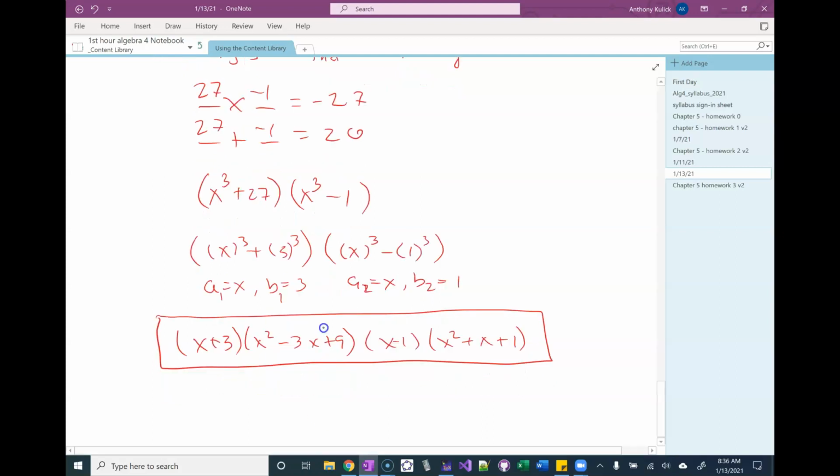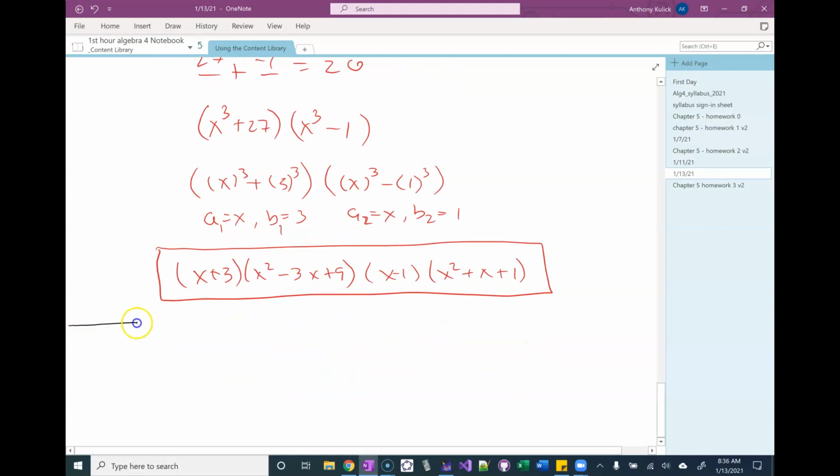So I want to go ahead just a little bit and talk about solving polynomials by factoring.